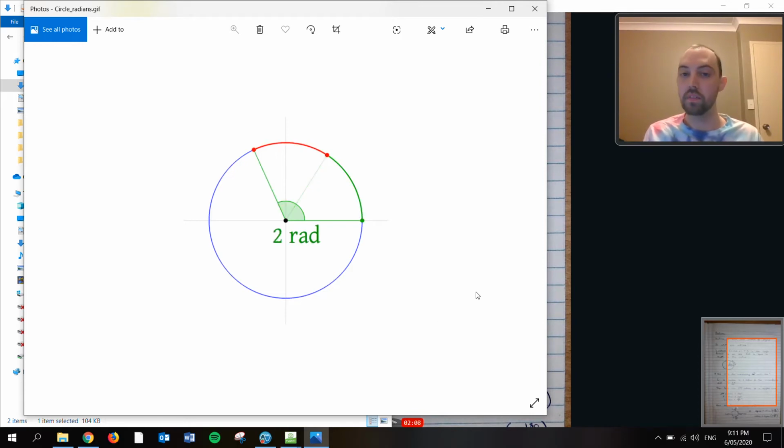Go around a few times. I'll keep adding on radiuses, same length here, and then you have pi radians for half a circle, or 2 pi radians for a full circle. Okay, which makes the full circumference.